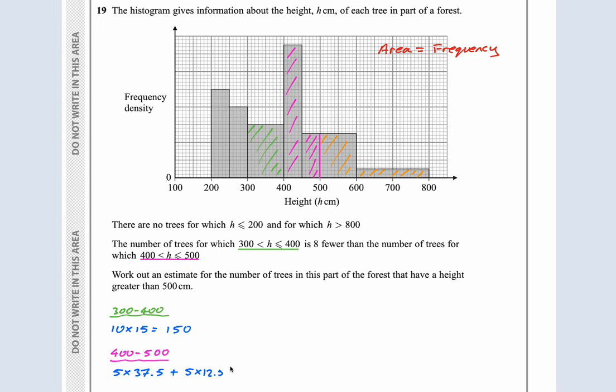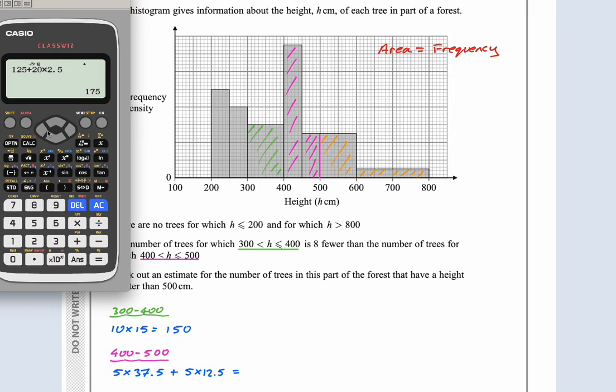Now they're being a bit mean, guys, with the 0.5s, but that's how it is. Okay, now using our calculator, I'm going to do 5 times 37.5 plus 5 times 12.5, which is 250.